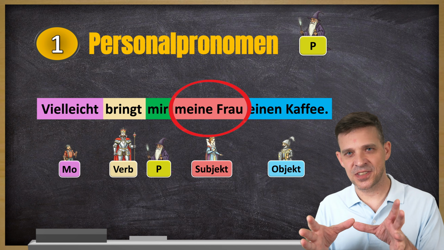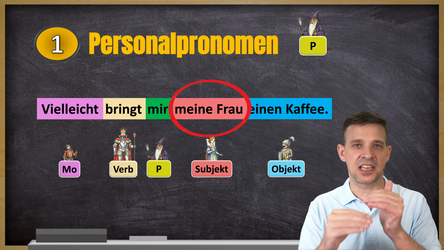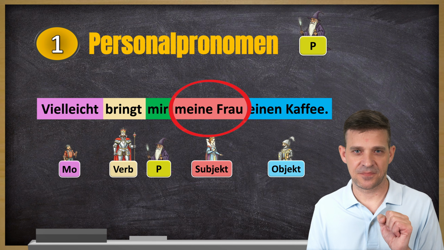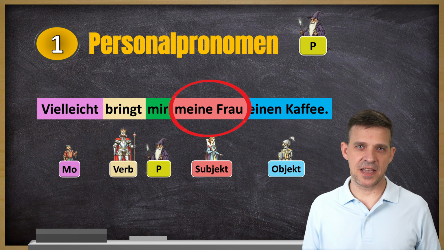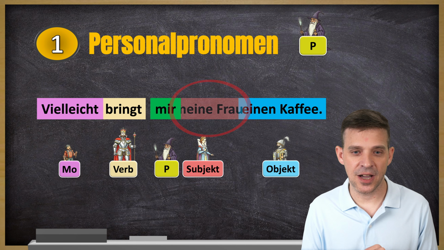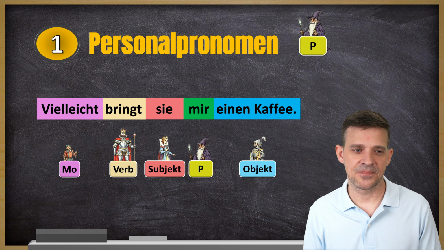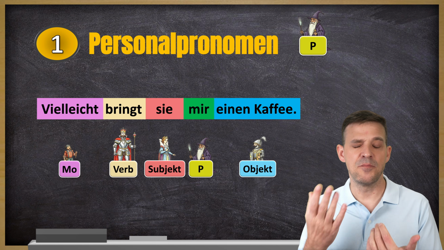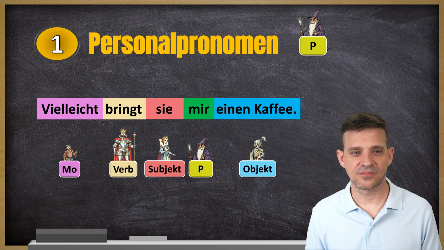And normal nouns are less important than pronouns. So let's say we change this meine Frau to also a pronoun, then it would look like this. Vielleicht bringt sie, she, which is meine Frau, mir einen Kaffee.